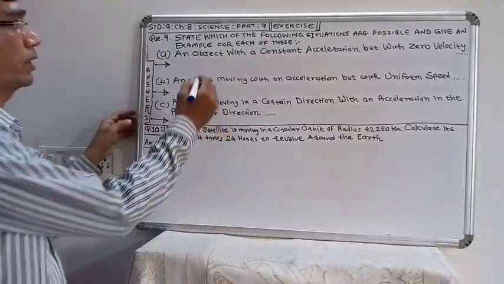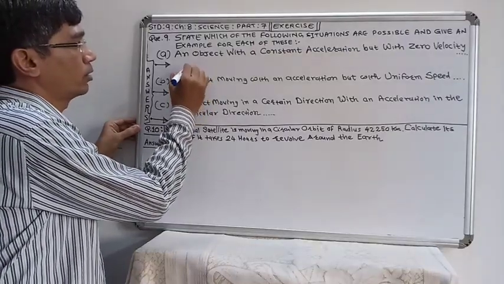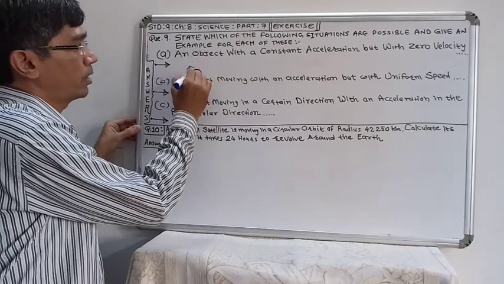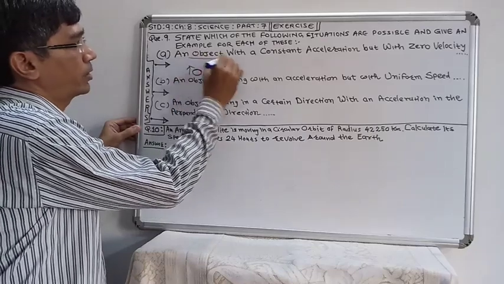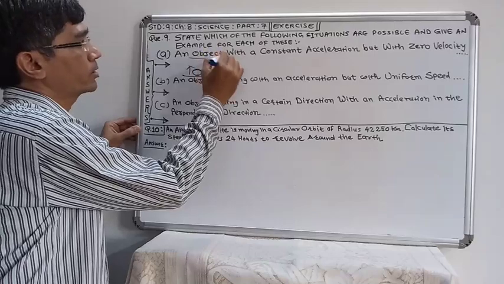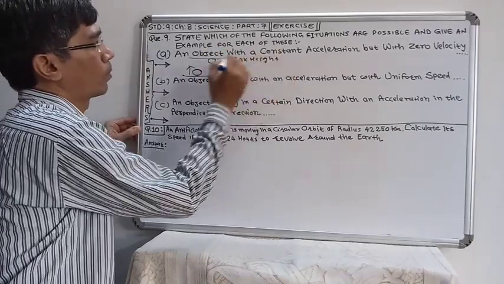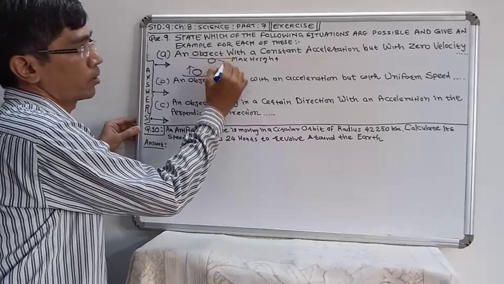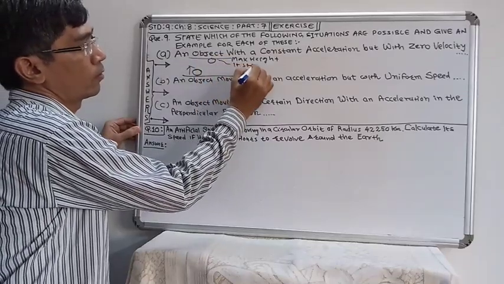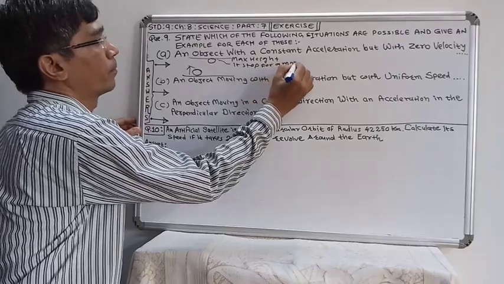So here we can take one example: when we throw the object in the upward direction, it will go to the maximum height, and then at the maximum height it stops for a moment.